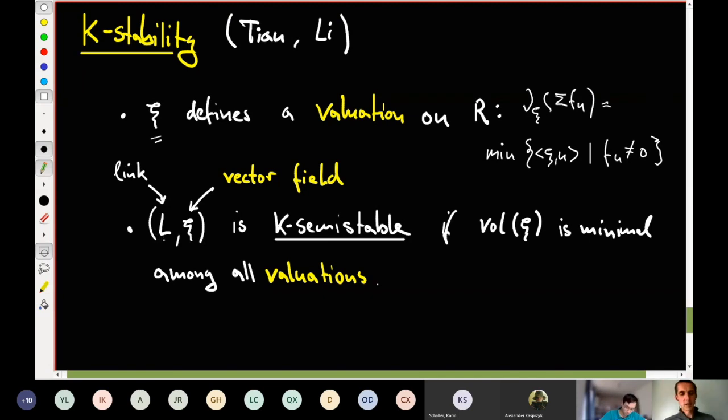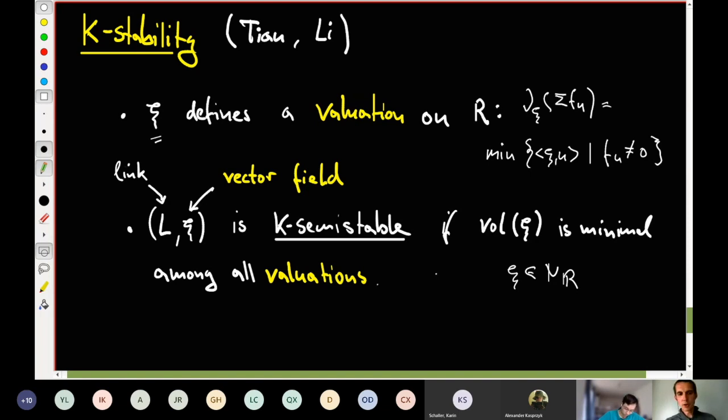So we say this pair L and psi is k-semistable if the volume of psi is minimal, not just among all possible choices of vectors in N_R, remember psi was chosen out of N_R, but minimal among all valuations. So now the condition is much stronger.